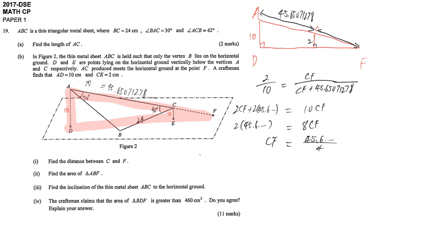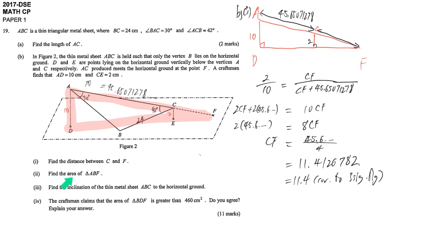Just like I mentioned, just divide by 4. CF is approximately equal to 11.4126782. We just finished B1.